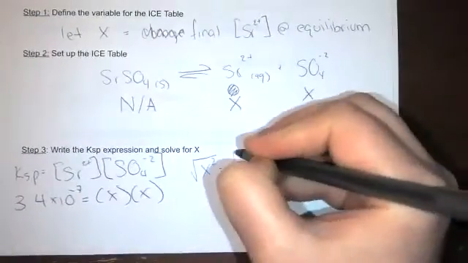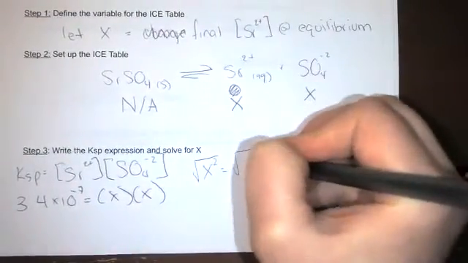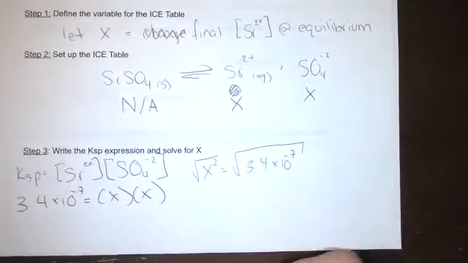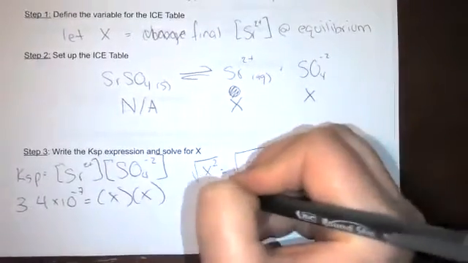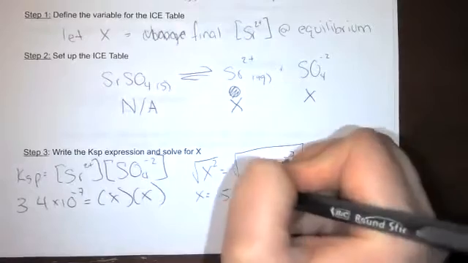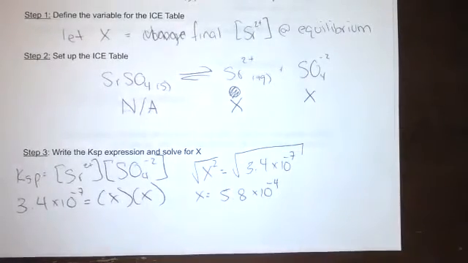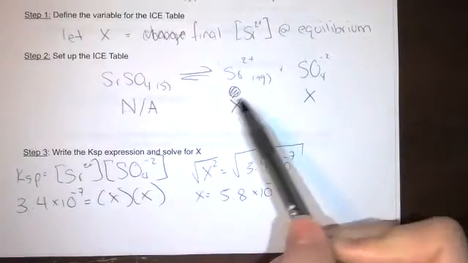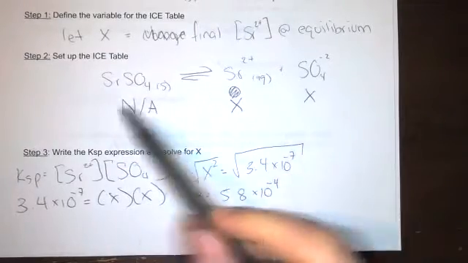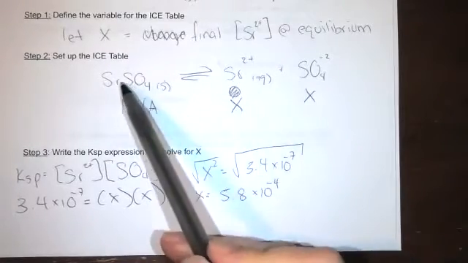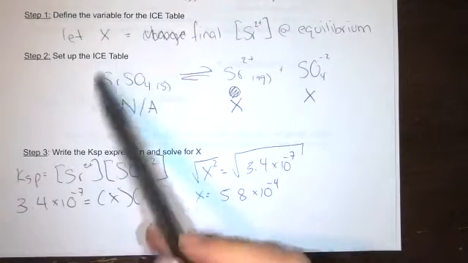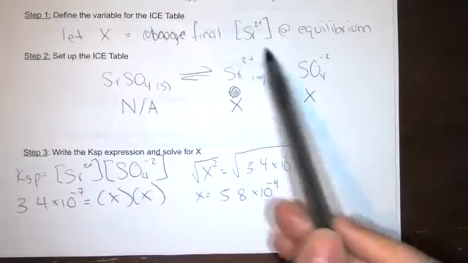I will square root both sides. And I'm left with X is equal to 5.8 times 10 to the negative 4. Now this is my value of X. This is up here in my dissociation equation, for every 1 mole of strontium sulfate, I get 1 mole of strontium.